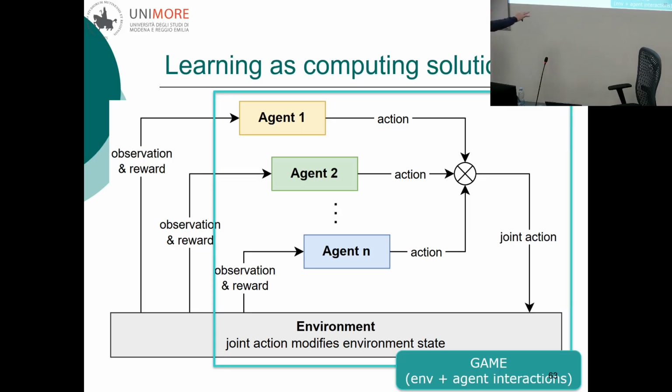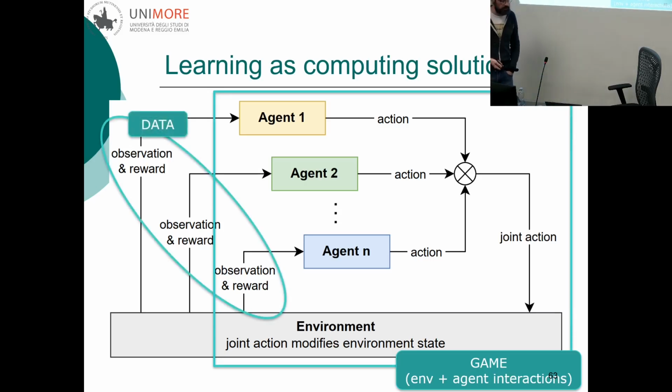If you want to clarify better all of these ingredients in our usual schema, defining the game will be defining what the states of the environment are, their transitions, and also how the environment interacts with the agent. So, what can the agent perceive of the environment? What can the agent affect through actions in the environment?